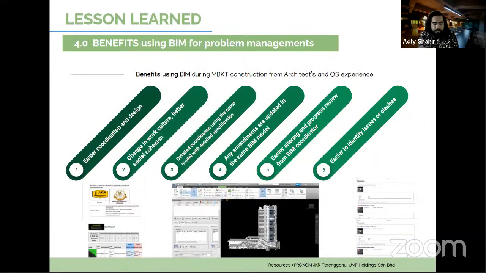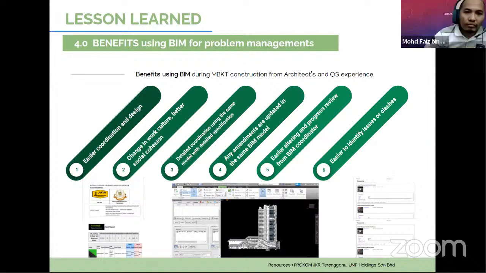So the benefits are easier coordination for better design, and also a change in the work culture, creating a new social cohesion. Having clash detection support helps the whole stage of construction and modeling.